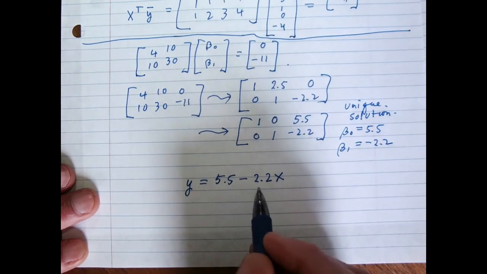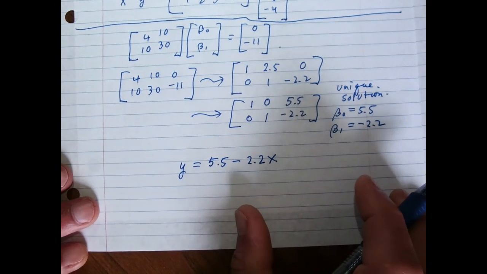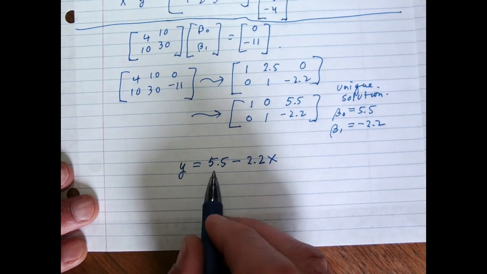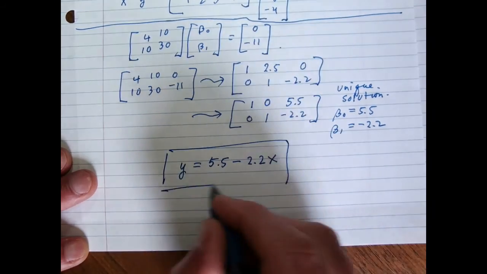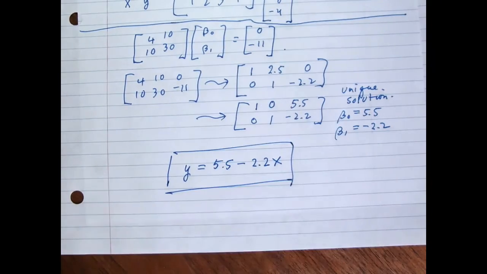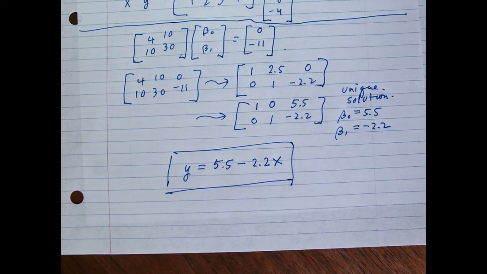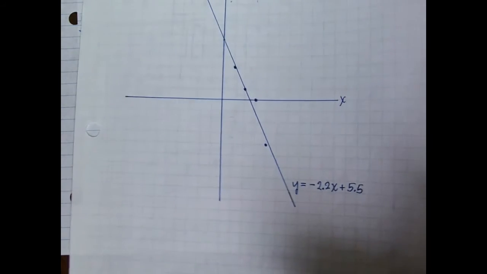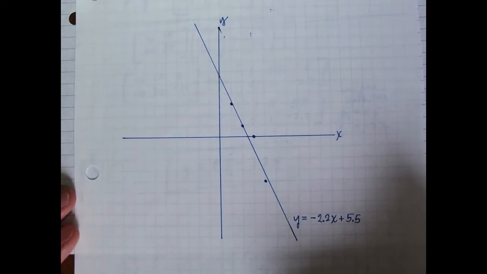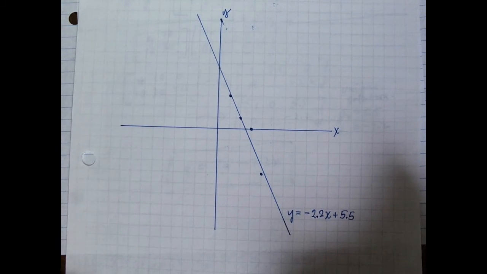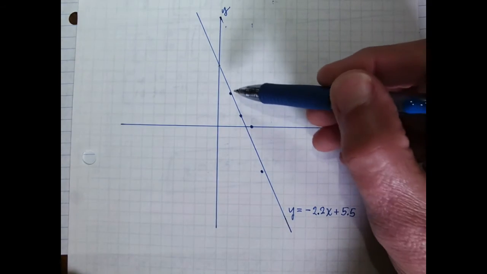I mean, we're used to writing that in the reverse direction, right? I'm just following the book's convention. 5.5 is the y-intercept, and negative 2.2 is the slope of the line. So that's the answer.